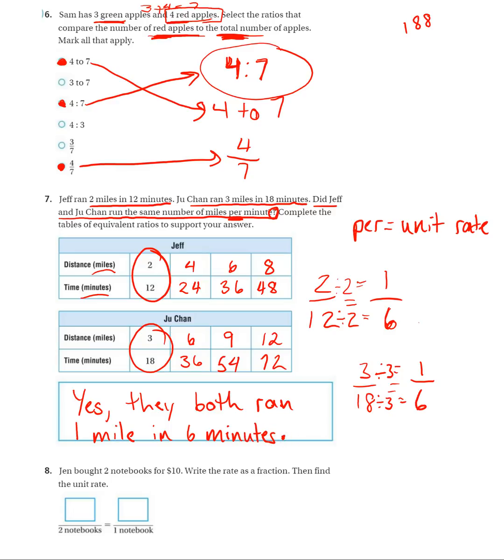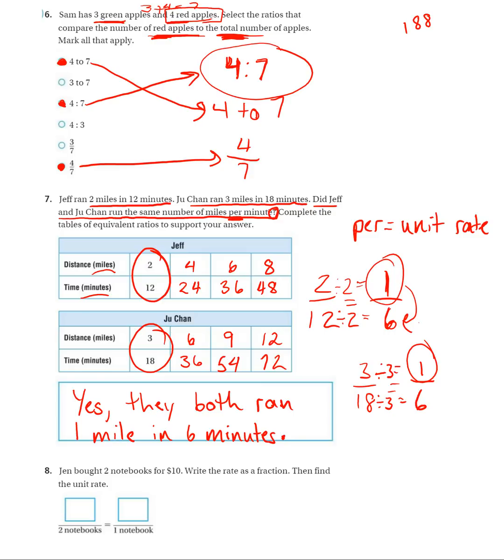So again, this one was a little unique because it's easier in this particular problem to get the one on top. And that's actually okay, because what we're still finding is for every 1 mile, they're running for 6 minutes. And they both are doing that.